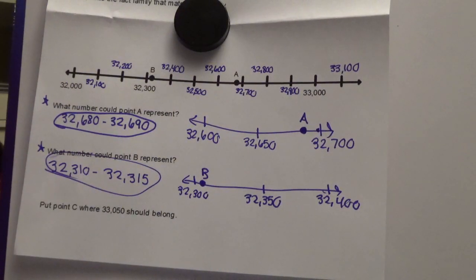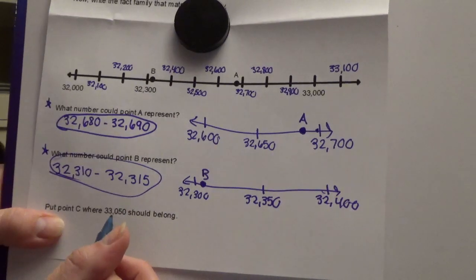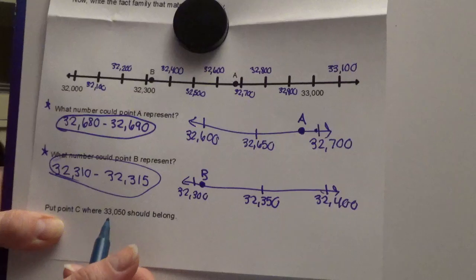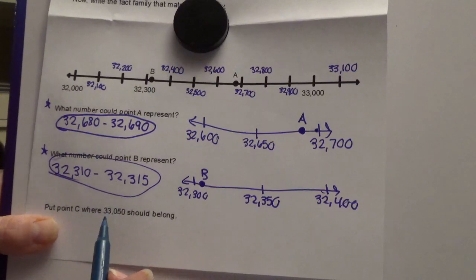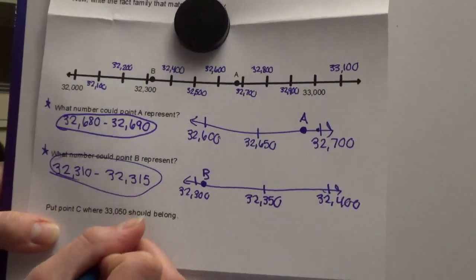Now the last question I wanted to save to do together, because this last question is asking us to put point C where 33,050 should be. So 33,050 is going to come between 33,000 and 33,100 on our number line.